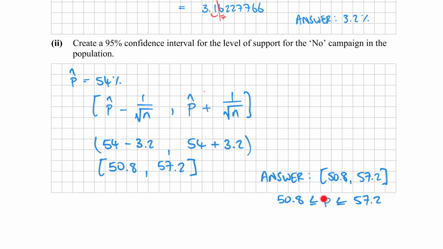And that year for those two parts, part 1 and part 2 in that question, there were only 5 marks allocated, which is a very small number of marks. Normally it would be worth 5 marks for each part, 5 marks for the confidence interval and 5 marks for the margin of error. In this exam this year, there were only 5 marks going for that part of the question.